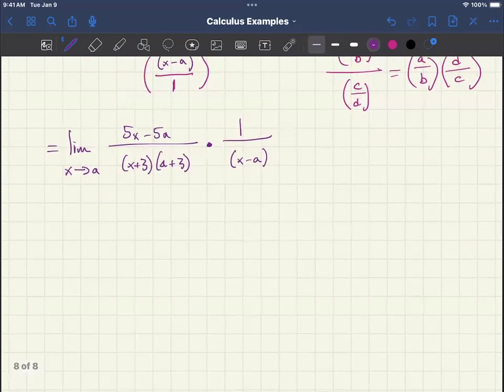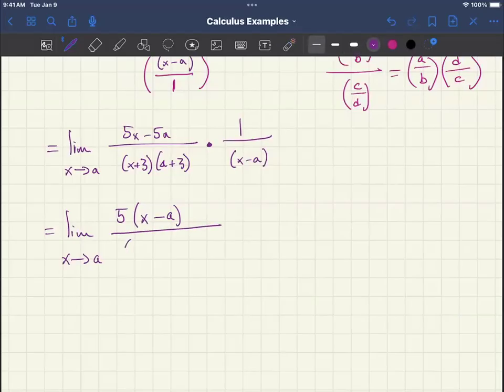Okay. One thing here that we're going to do next so that we can get rid of this x minus a, and I didn't say this up front, we're going to pull out that 5. What I didn't say up front, of course, is that usually we try and plug in where x is going right away. You'll notice if we plugged in a, we'd be dividing by 0, and that's a no-go.